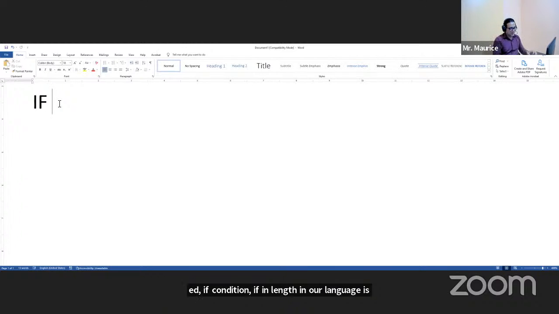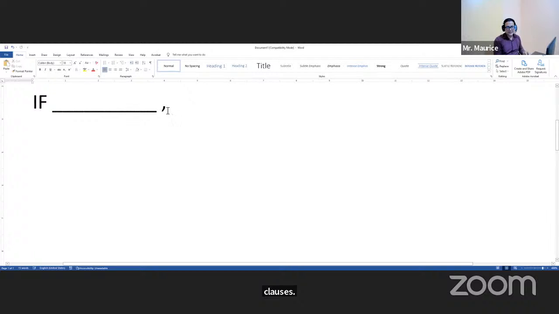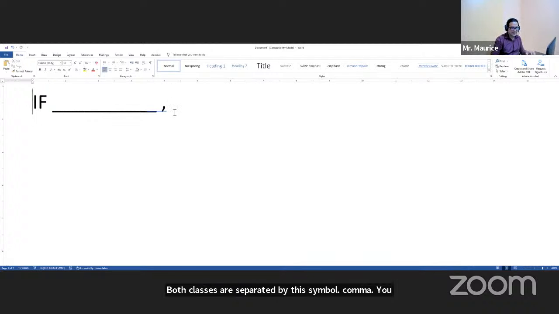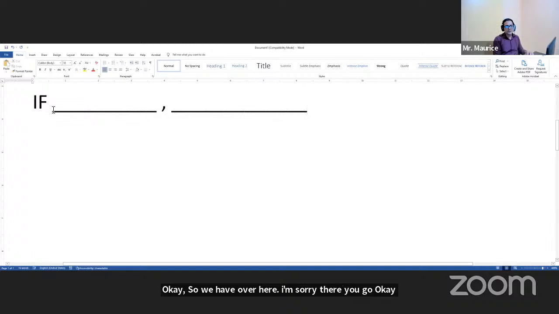Okay, so in the first conditional we have two different clauses. Both clauses are separated by this symbol, comma. You see the symbol? As you can see, we have two different clauses: clause number 1 and clause number 2.